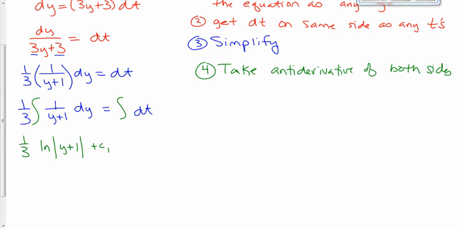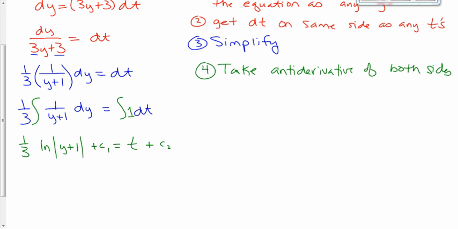I'm just going to talk briefly about this plus c. The antiderivative of basically 1 dt is going to be t, and I'm going to have some other constant right there. Differential equations you can get bogged down in pretty quickly, so I suggest that you put your plus c only on one side, because technically I could subtract my c1 from both sides of the equation and I would have a different constant with my t.